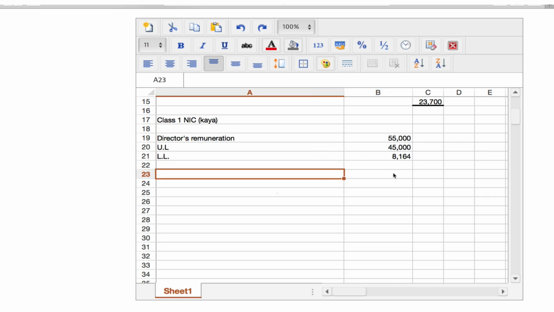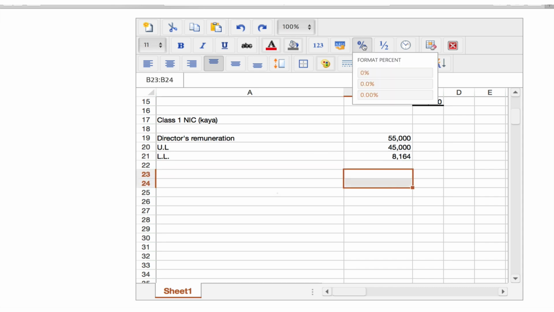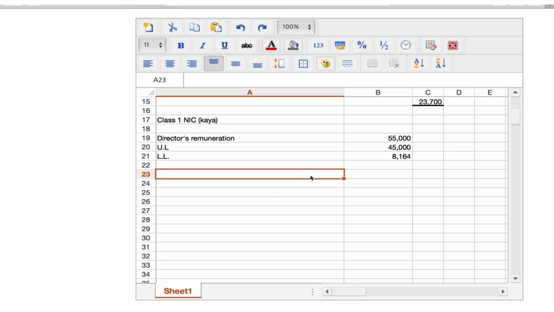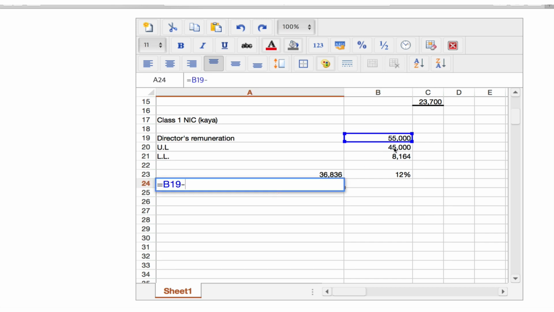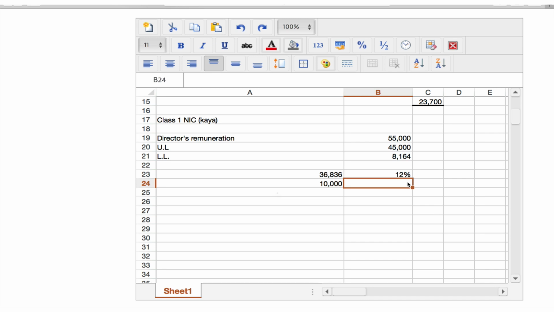Again here we need a little percentage. Between my upper limit and my lower limit, I will have this amount taxed at 12%. And then between my remuneration and my upper limit, I have this additional amount taxed at 2%.